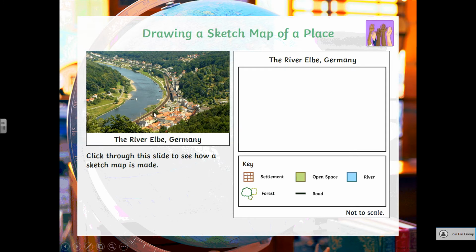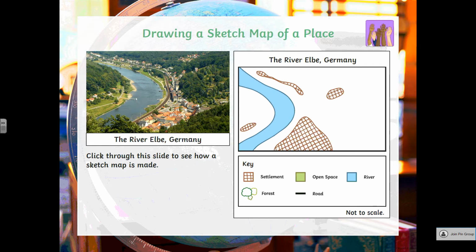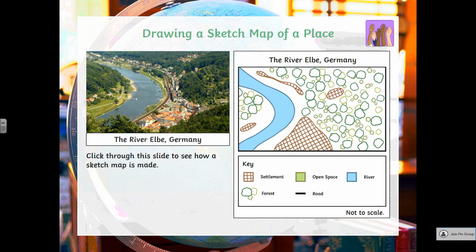It might be a road or a train. I'm not quite sure. Let's go through. So we've drawn the river. Then we've drawn some buildings. And then we've drawn the forest. And then we've got our road. So it is a road going through. And then we also have open space.